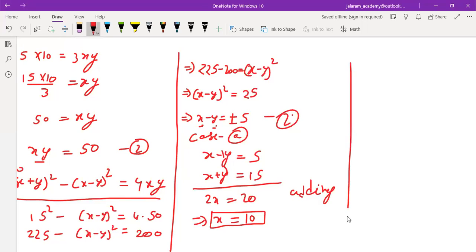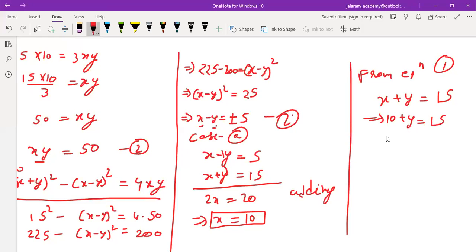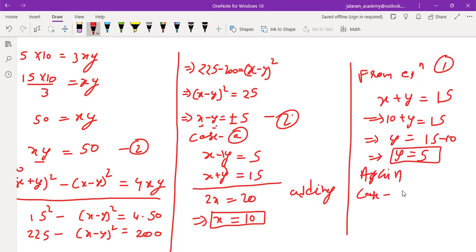And when we use any one of the equations from equation 1, x plus y equals 15 means 10 plus y equals 15. So we get y equals 15 minus 10, that is y equals 5.